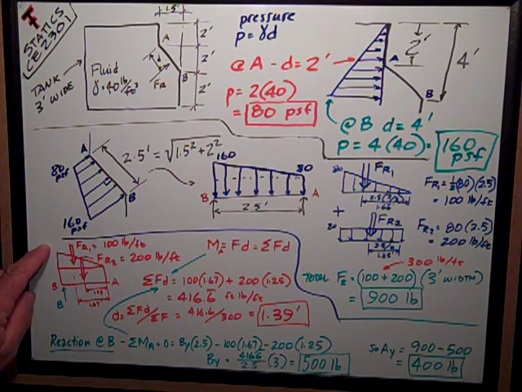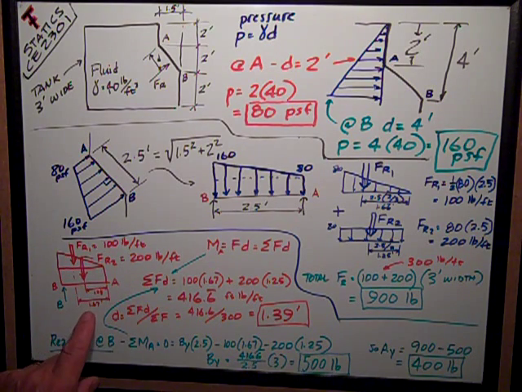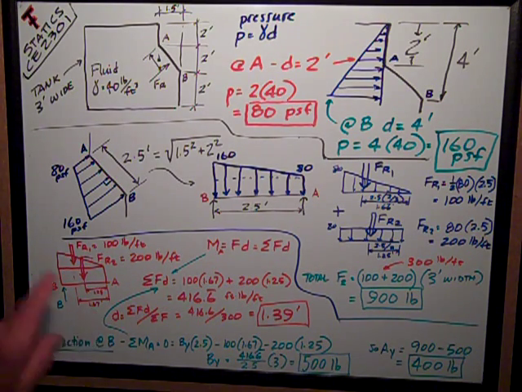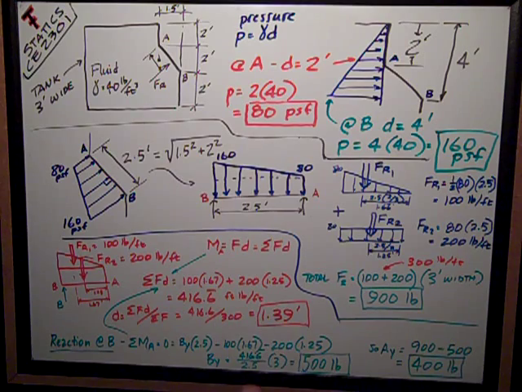I've redrawn my pressure distribution diagram over here. I have FR1 of 100 pounds acting at 1.67 feet. I've simplified it to that. FR2 is 200 pounds per foot acting in the middle of that 2.5 foot span, or 1.25 feet.